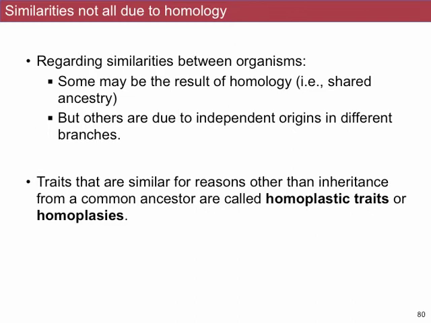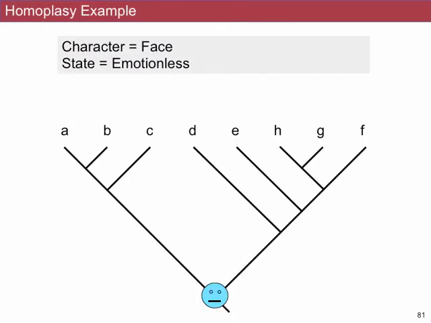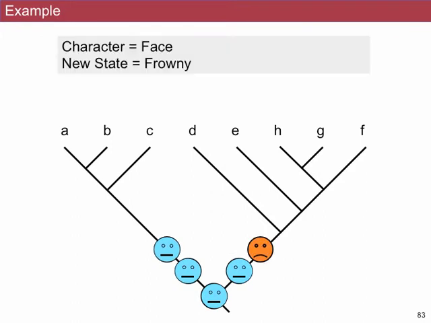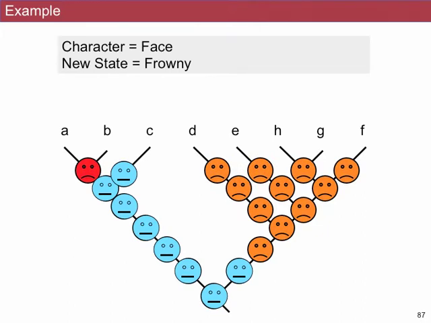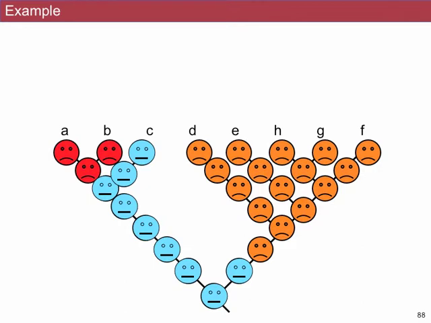And I'm going to show you this in a phylogenetic sense, which is the formal definition of homoplasy. So here again, I've now made the common ancestor of this group have an indifferent face. So along one lineage, the frowny face evolved, but then along another lineage, a frowny face was separately invented in a different lineage in the tree.